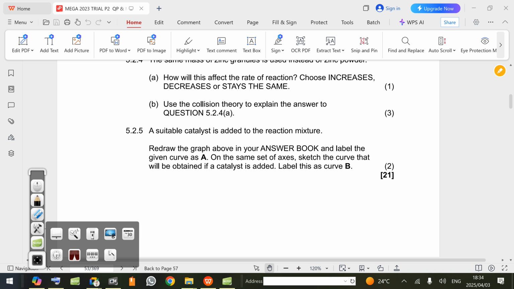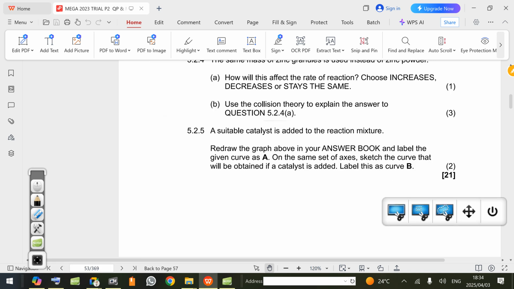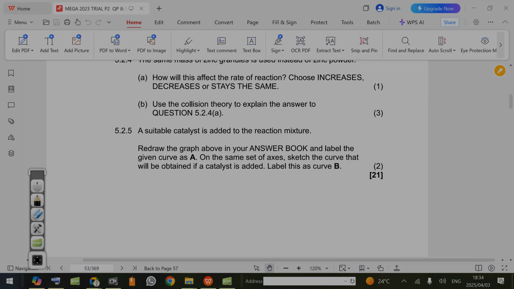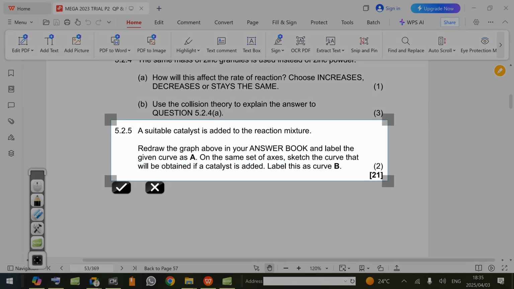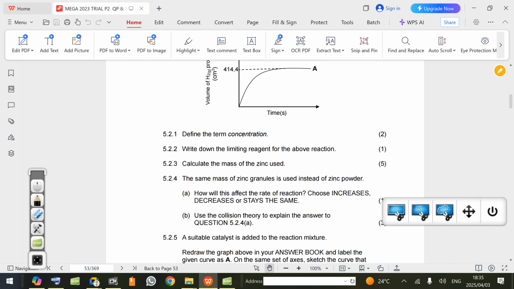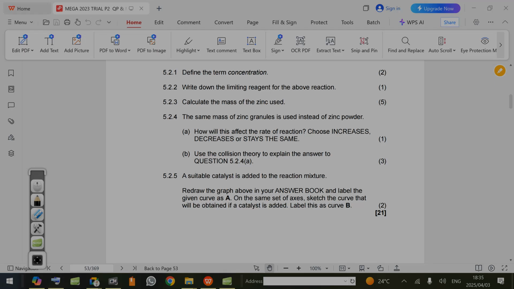2 marks. 2 beautiful marks. A suitable catalyst is added to the reaction mixture. Redraw the graph. Okay, where's the graph? Oh, there we go.